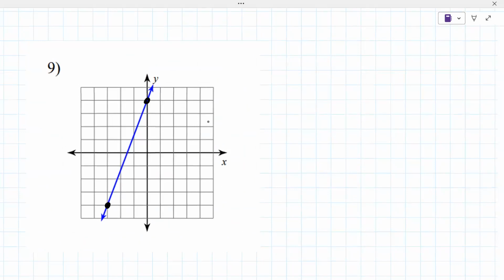Now, is this positive or negative slope? Positive. Yes. Right. So give me the slope here. Go ahead, you're just counting. Give me the rise over the run. Take your time.